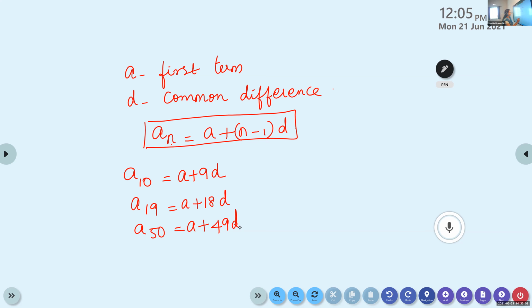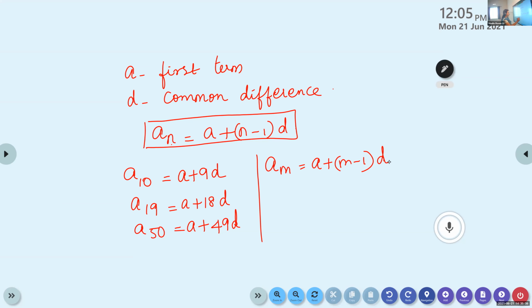Next, Arjun, what will be a_m? Look here. For n we are writing n minus 1, so for m, a plus m minus 1 into d. A plus m minus 1 into d.